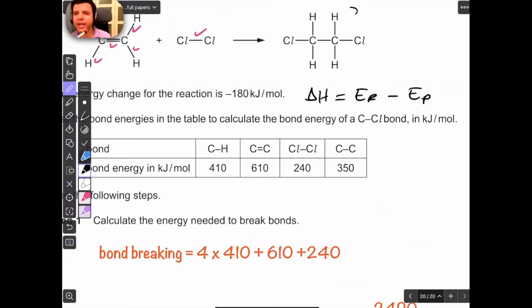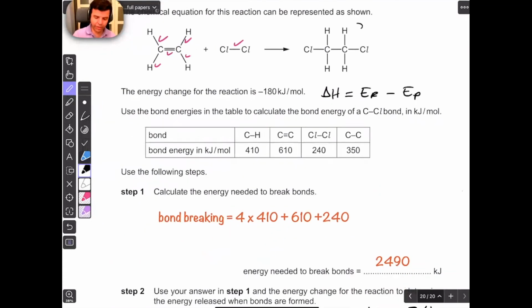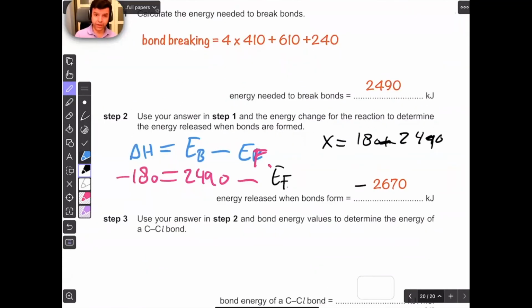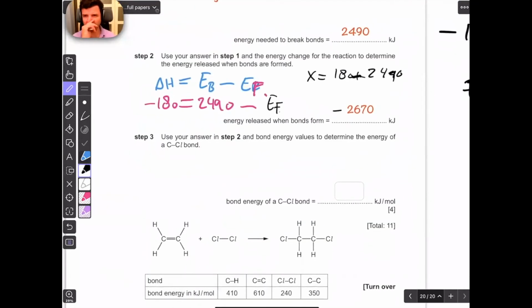Someone is asking, I can make it negative X and remove the negative from each side, right? Yes, you can. You mean the way we arranged the equation here? Yeah, that's what I've done here. Question?